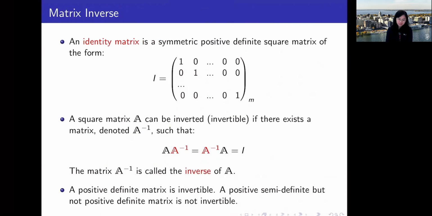So now we can define matrix inverse. A square matrix A can be inverted, or is invertible, if there exists another matrix, which we denote by A to the power minus 1, such that A times A to the power minus 1 and A to the power minus 1 times A equals the identity matrix. And that matrix is called the inverse of A.